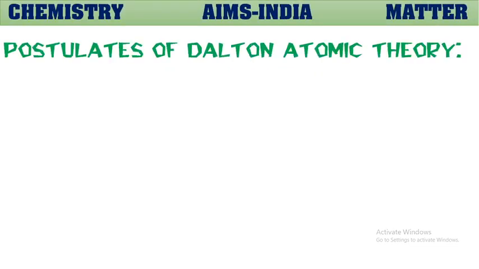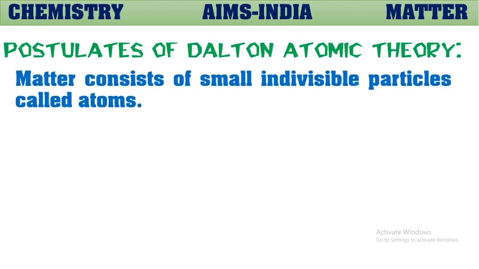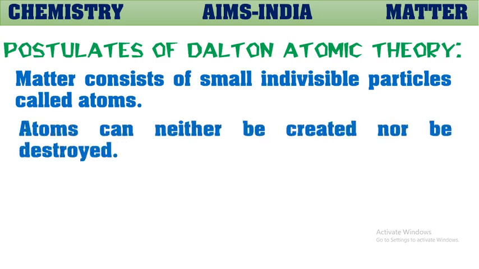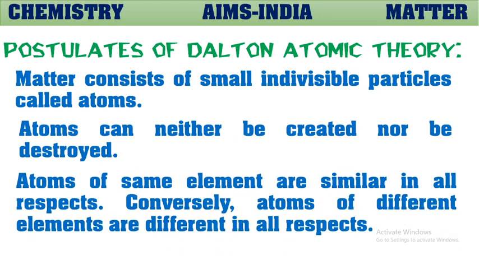The important postulates of Dalton's atomic theory are: first one, matter consists of small individual particles called atoms. Atoms can neither be created nor be destroyed. The next one, atoms of the same element are similar in all respects. Conversely, atoms of different elements are different in all respects.